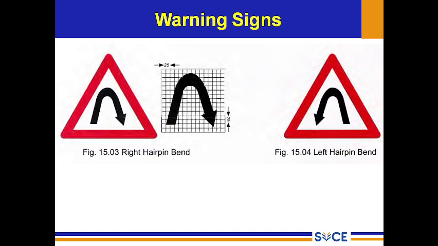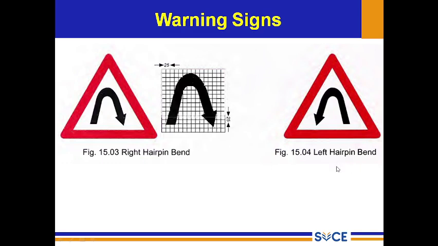Next, the hairpin bend. This signboard is installed showing a warning that there is a hairpin bend ahead. You reduce speed and be careful, as you need to take a curve to pass through a hairpin bend. So that is the meaning.